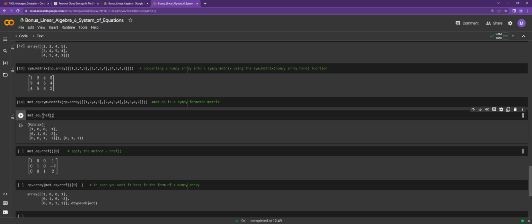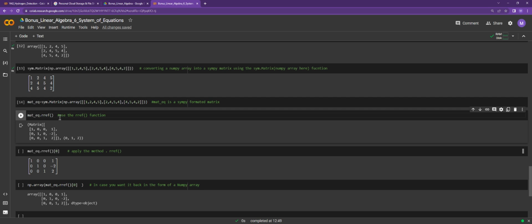We are going to use the reduced row echelon form function. Remember, we call this function on the matrix, as matrix.rref. We are not putting rref and then inputting the matrix; we are calling this function on the matrix.